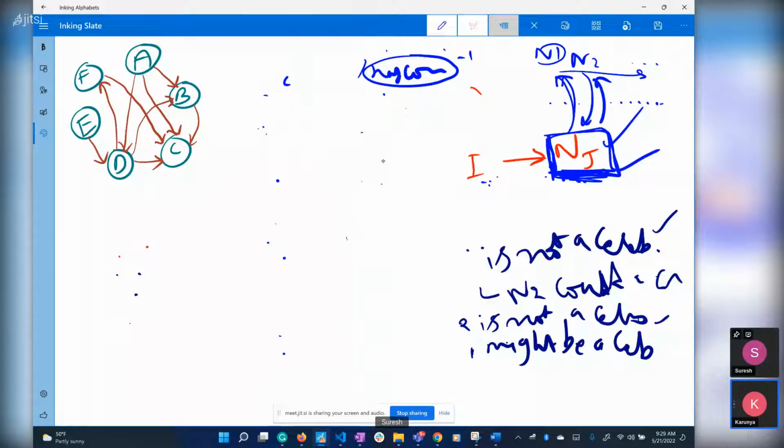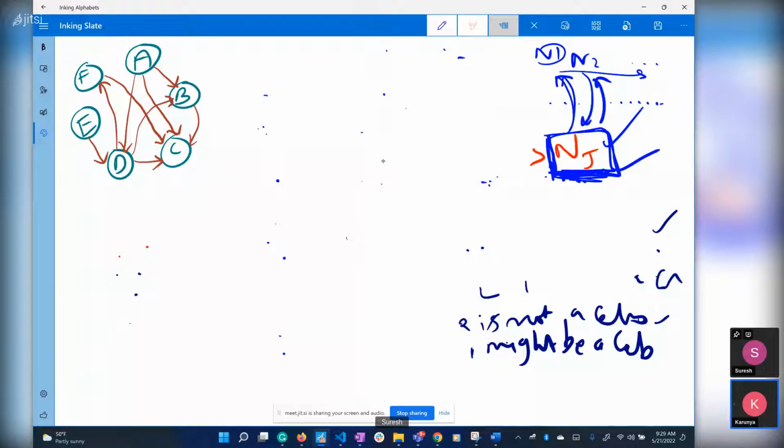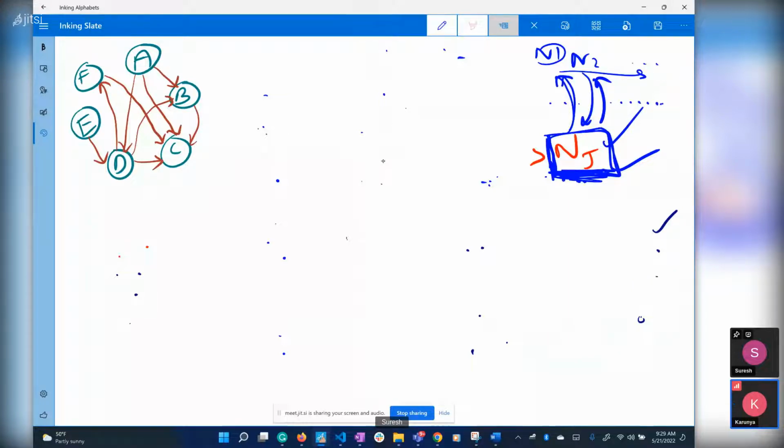I'll go check C, D, E, and F with B, and so on, and the temporary celebrity will change until the real celebrity has only incoming connections from all other nodes. That is how I'm going to check between the two nodes and change the celebrity.